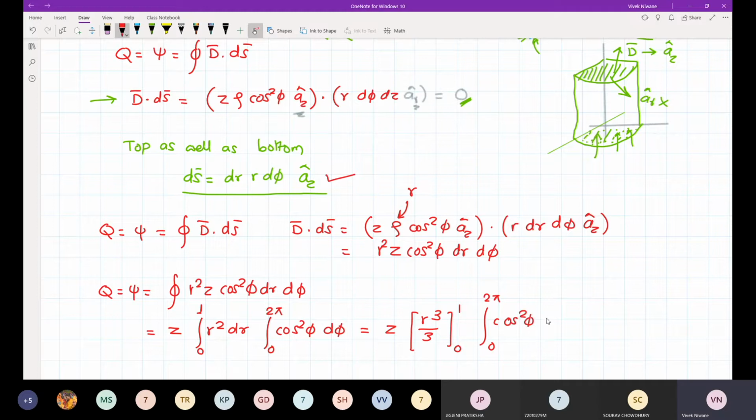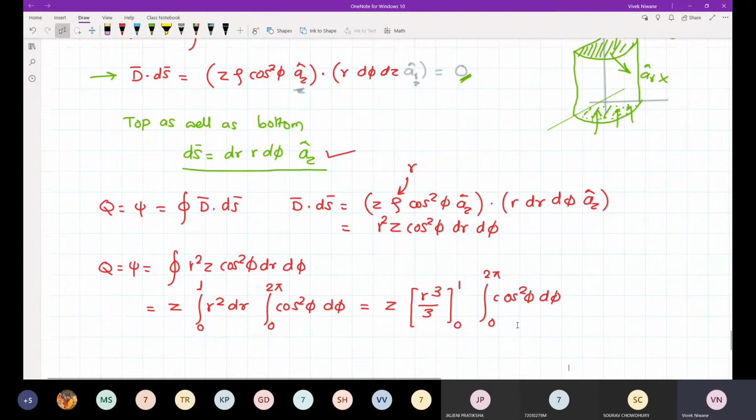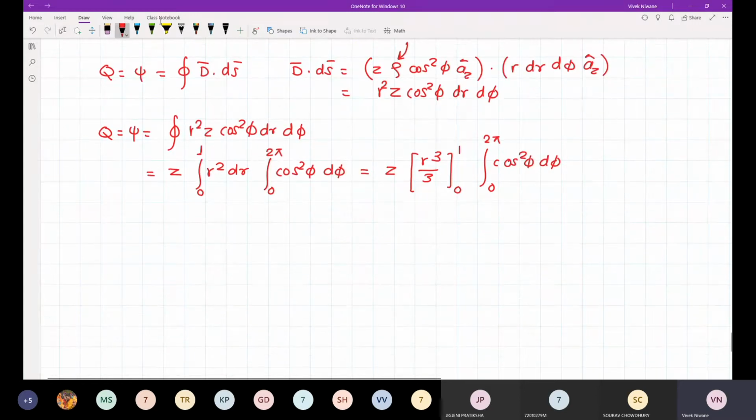You can definitely solve the integral of cos square phi d phi using a calculator. Let me tell you one more thing: if you don't have any calculator, you should know the second method to solve this integral. So we will have z into bracket 1 cube upon 3 minus 0 cube upon 3.